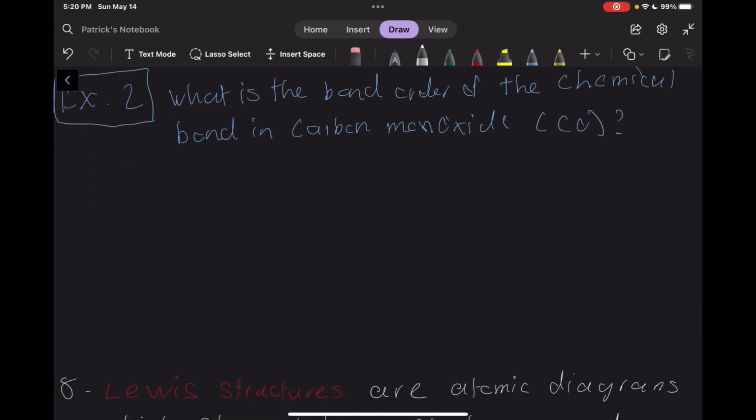Example 2 now. What is the bond order of the chemical bond in carbon monoxide, or CO? Carbon has 4 valence electrons. Oxygen has 6. So we have a total of 10 existing valence electrons. Both atoms want to have 8 valence electrons, so a total of 16.